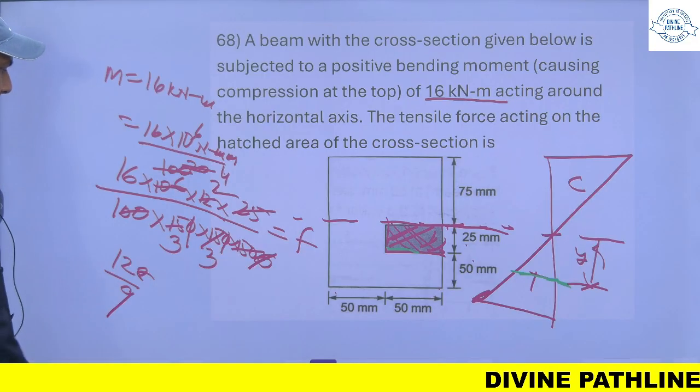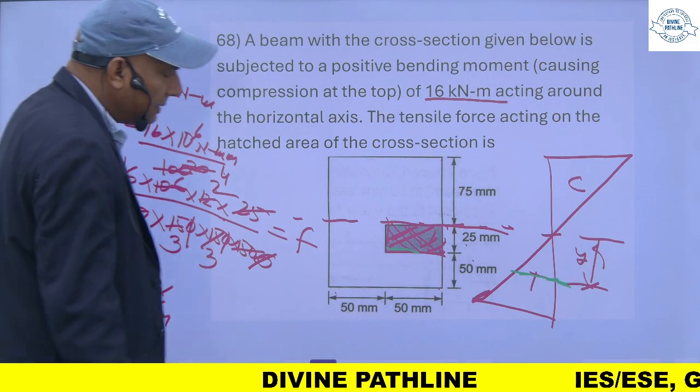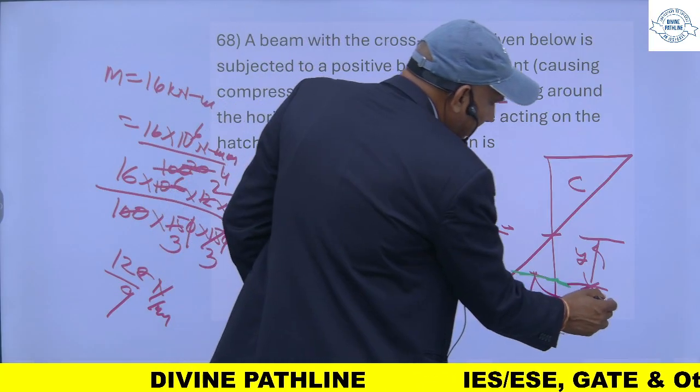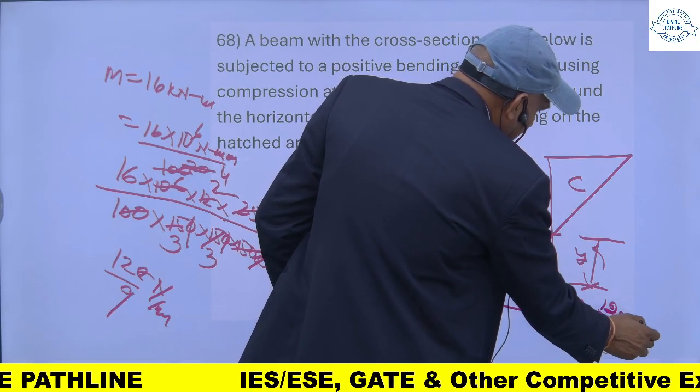You can say 128 upon 9 Newton per mm square. So this stress is 128 upon 9 Newton per mm square.